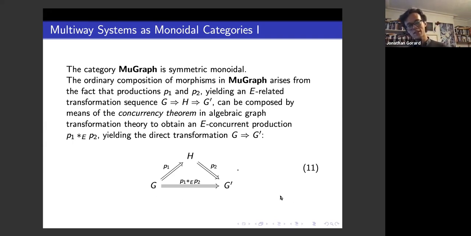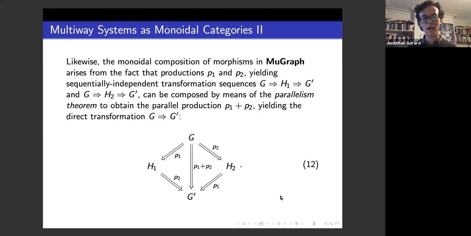If we consider P1 and P2 to be morphisms in the category mu graph, then P1 star P2 gives us the ordinary sequential composition of those morphisms. On the other hand, if we have productions P1 and P2 that are sequentially independent, so there exist two sequentially independent transformation sequences from G to H1 to G prime and G to H2 to G prime, so that one has P1 then P2 or P2 then P1, then these two transformation sequences can be composed using the parallelism theorem of algebraic graph transformation theory to obtain a parallel production, P1 plus P2, which again gives us a direct transformation from G to G prime.